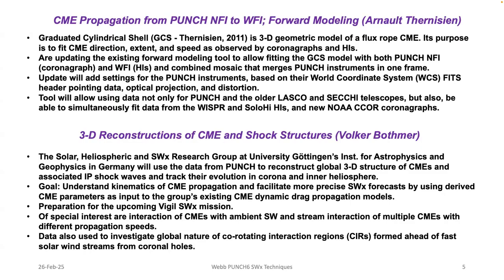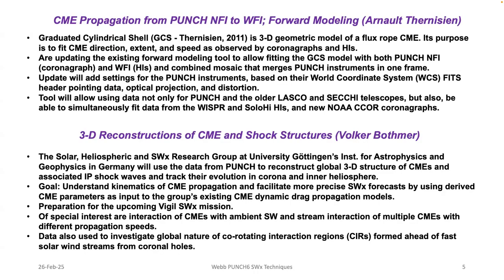And they will add settings for the PUNCH instruments based on the world coordinate system, which we talked about earlier, and the FITS header pointing data, optical projection, and distortion. The tool will allow using data not only from PUNCH and the older LASCO and SECCHI instruments, but also can fit simultaneously data from WISPR, Solar Orbiter HIs, and the new CCOR coronagraphs.